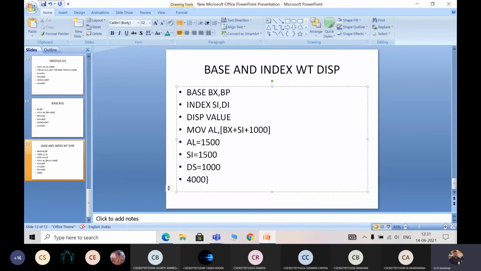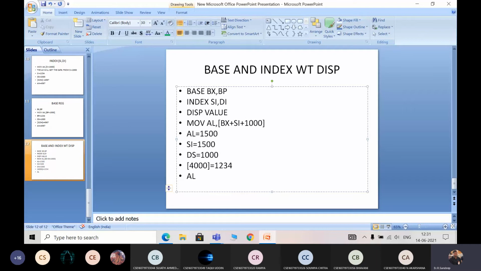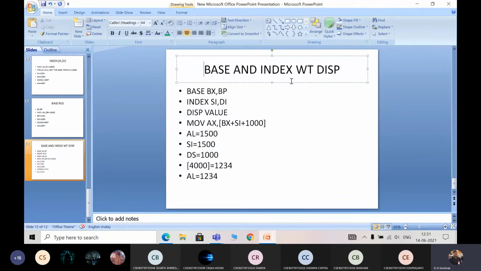Now this 4000 will be placed in square brackets, and let us assume the location 4000 has the value 1234. Then the value of AL is equal to, so we cannot take AL, I will take AX here. As it is a 16-bit register, AX is equal to 1234, because I am representing 16-bit data. So this is the based indexed addressing mode.